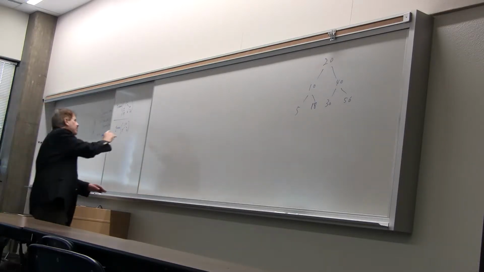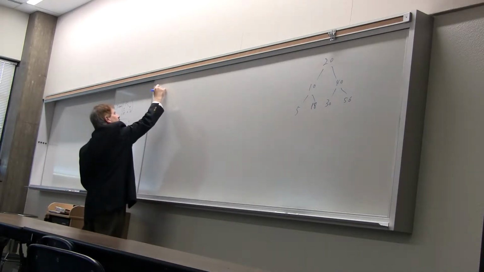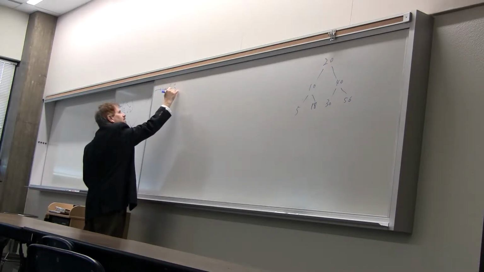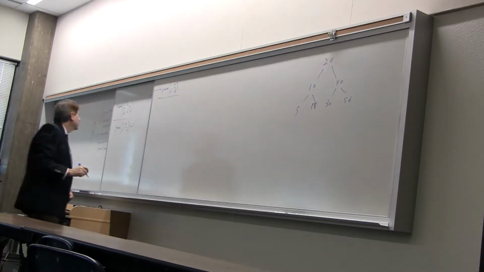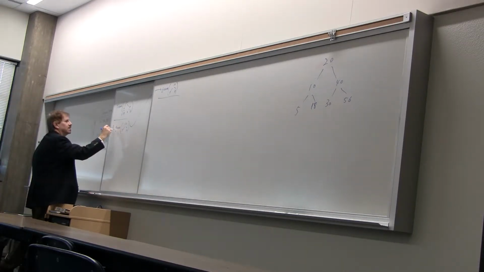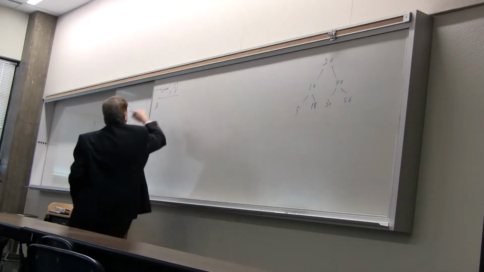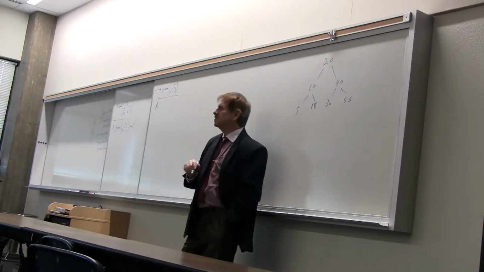So we'll come over here, and here's how we execute traverse 10, 5, 18. Well, the first thing we do, step A, is the left subtree of this null?